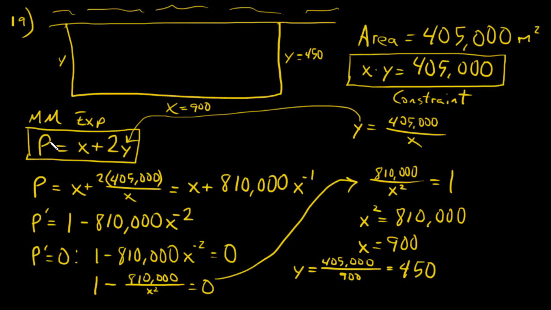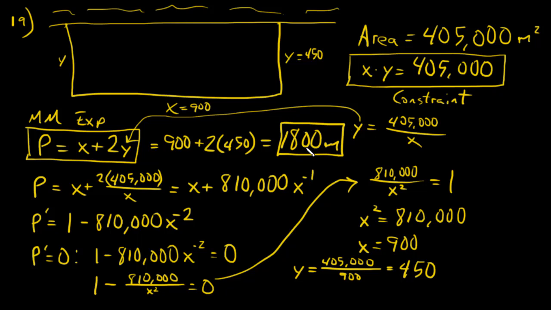Well, the total fencing is X plus 2Y, so that's going to equal 900 plus 2 times 450, which is also 900. So I need to buy 1,800 meters of fencing. That is my final answer. That's the minimum fencing to encompass 405,000 square meters.